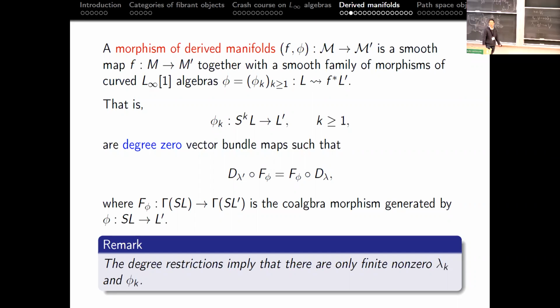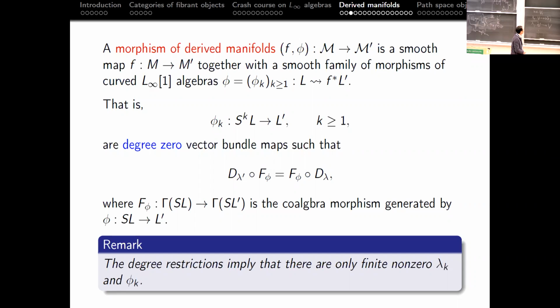That's all you need. So when you freeze each fiber, that's the infinity morphisms which I talked about, and everything is just linear algebra. Fiber-wise, you need to patch them together. So that's just the morphism. This is a morphism.